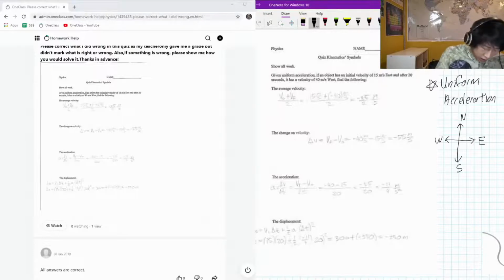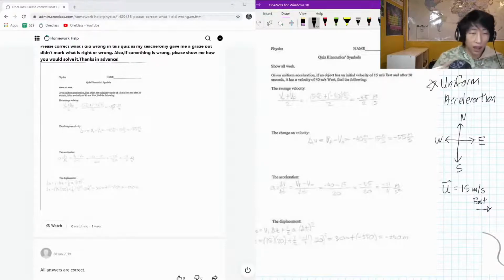So initially, our velocity, let's call that u for initial velocity. That's pretty common. Sometimes you might also see it as vi for initial velocity. So our initial velocity is 15 meters per second towards the east. East, so going from left towards right, if we're looking at a compass.